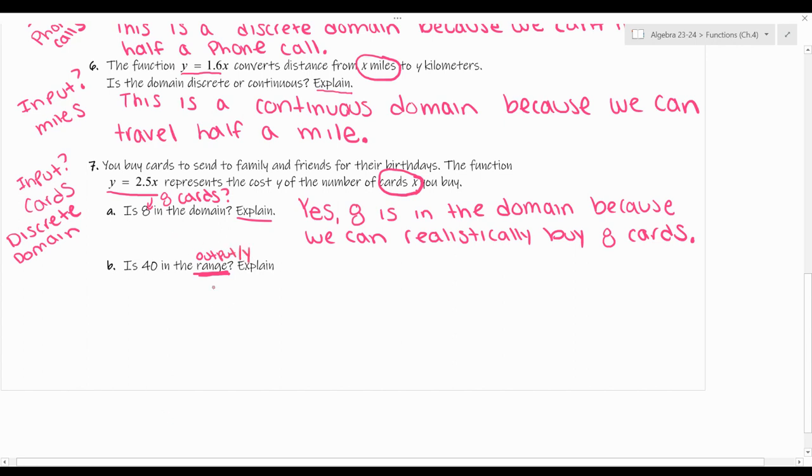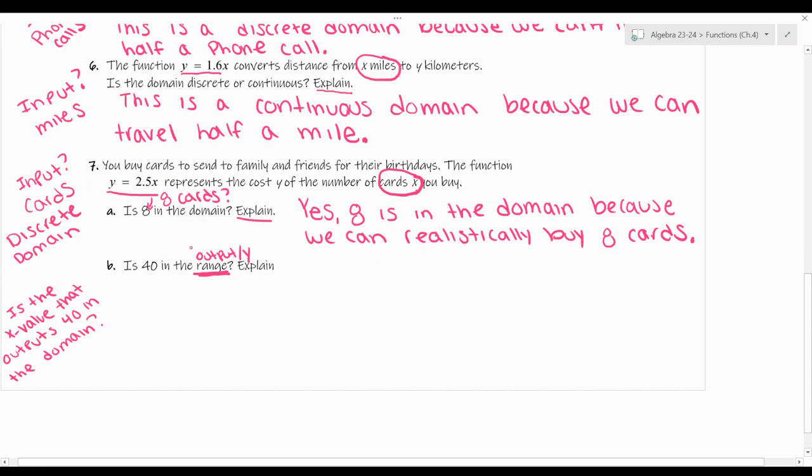In order to decide if 40 is in the range, you need to decide, is the input value, the x value, possible? So off to the side, I want you to write, is the x value that outputs 40 in the domain?